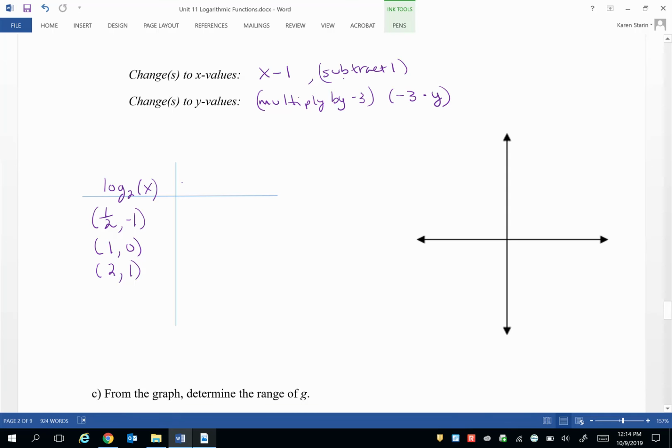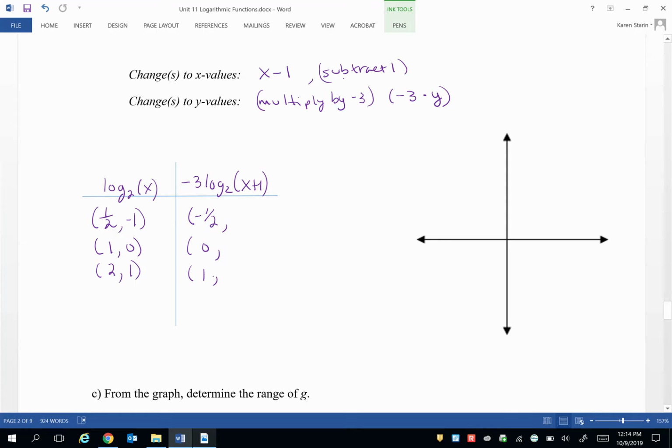Now with our transformations, for every x value I'm subtracting 1. So 1/2 minus 1 is -1/2. 1 minus 1 is 0. And 2 minus 1 is just 1.